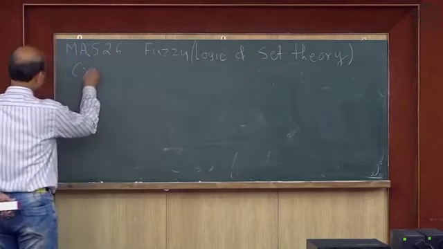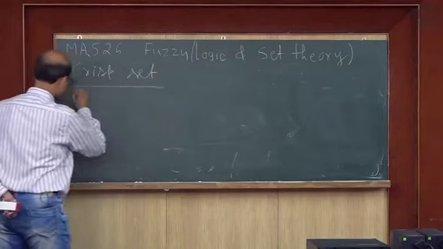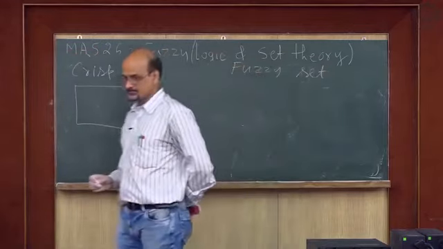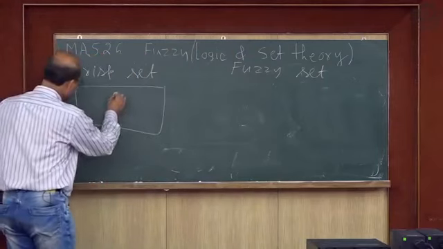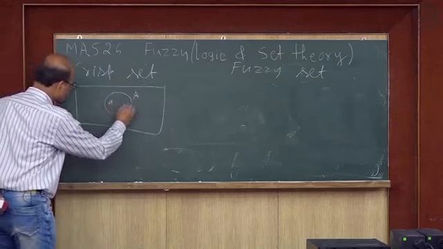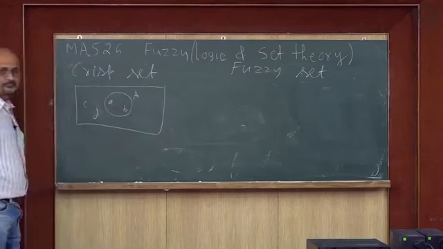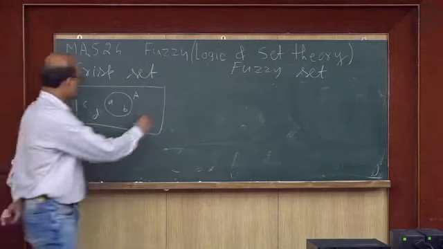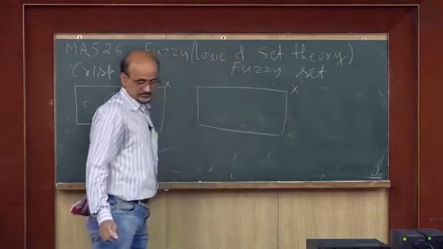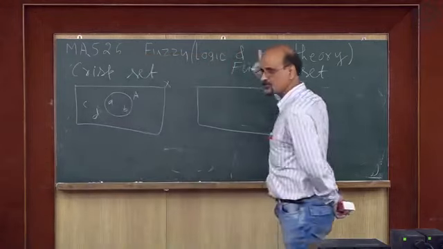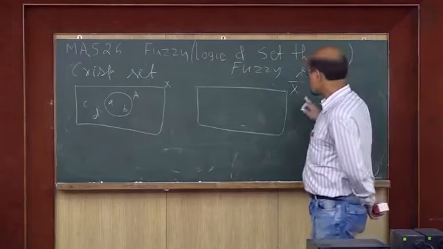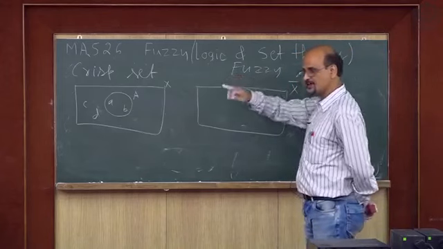Now, for a crisp set, suppose I have the universal set like this, and this side a fuzzy set. Suppose I have a set A here, and here suppose the elements are A, B, C, D. Suppose this is your universal set. In fuzzy sets, X usually we define by X bar, that is why I was not taking the bar earlier. Do not confuse it with the bar that is complement.